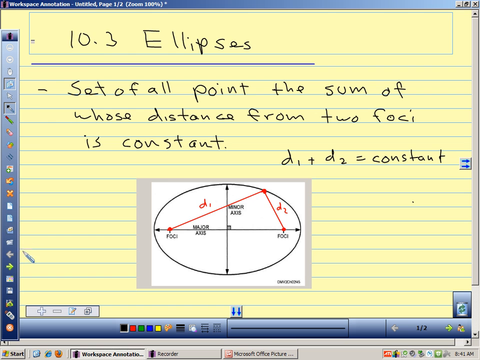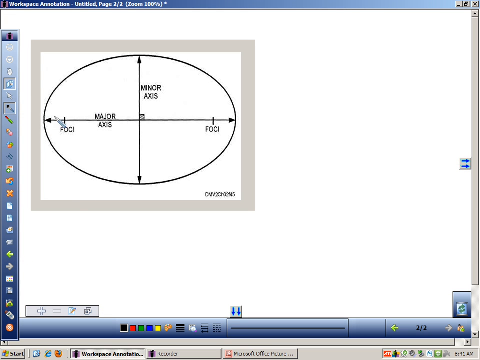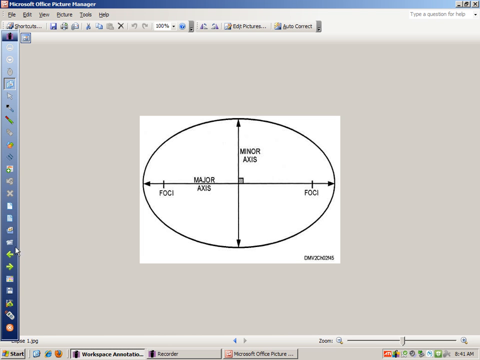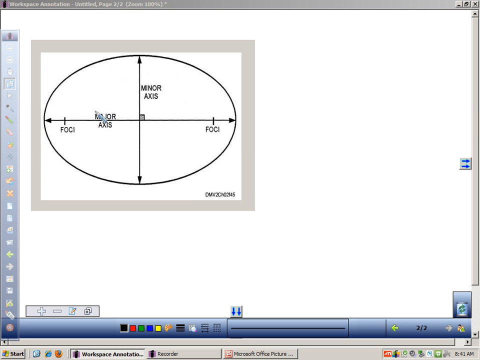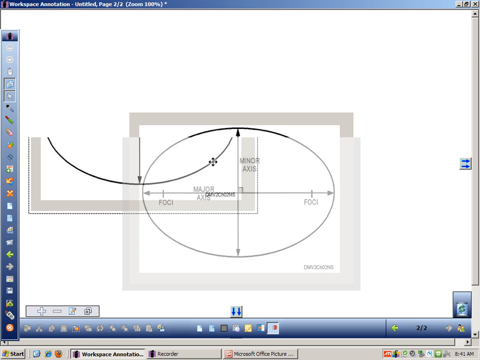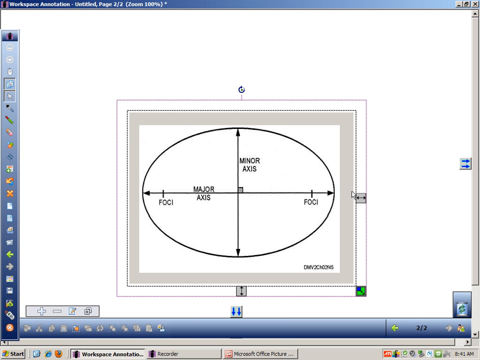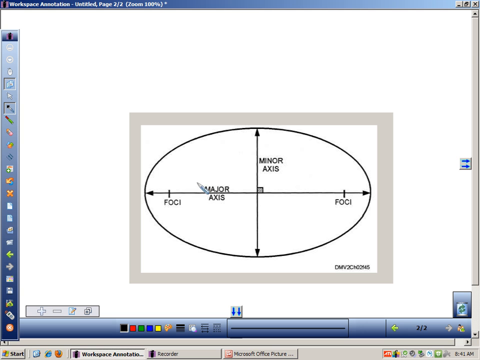So here's my ellipse. So the parts, we have two focuses, two foci. The point right here in the middle is called the center. So just like you think, that's the center. We have two foci.